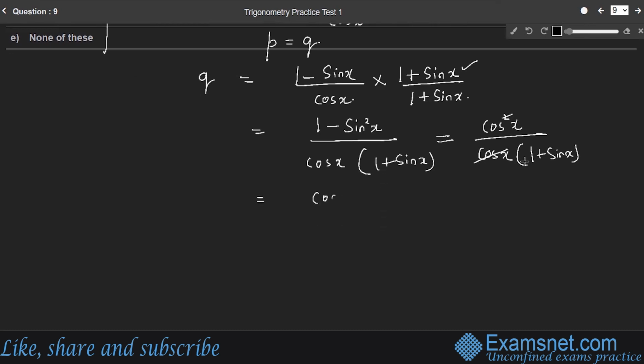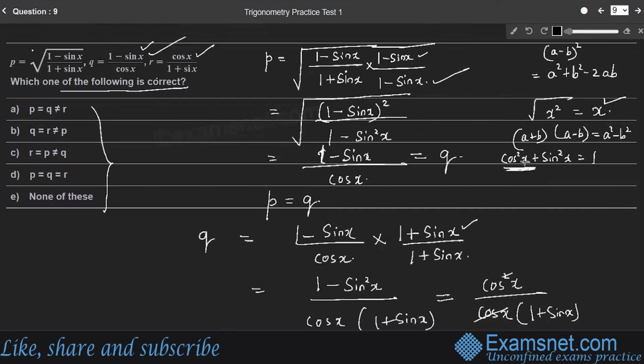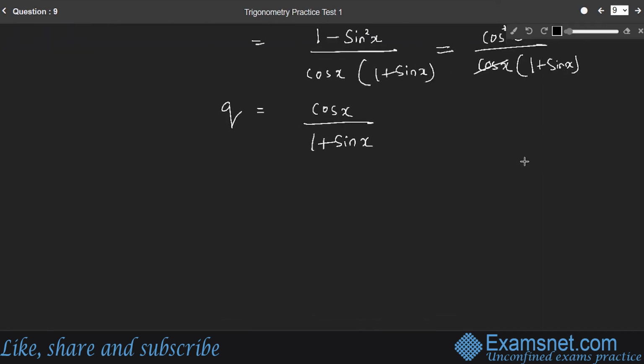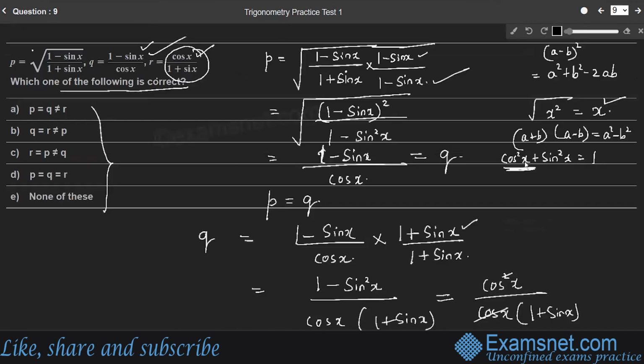So we have cos x divided by (1 + sin x). So Q is equal to cos x divided by (1 + sin x). According to the question, cos x by (1 + sin x) is R. Therefore, we can equate Q to R, and conclude P is equal to Q is equal to R. Right? So all three equations given are equal, so option D is the right answer.